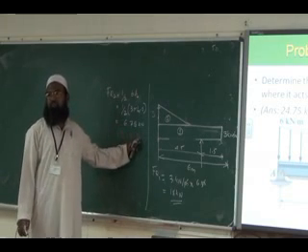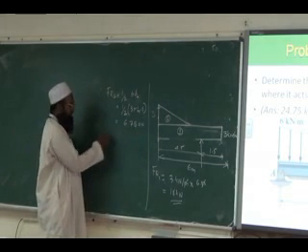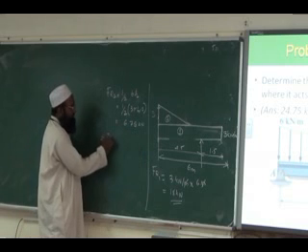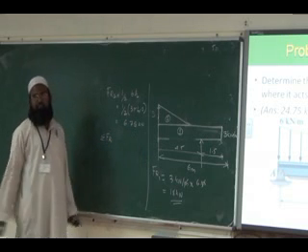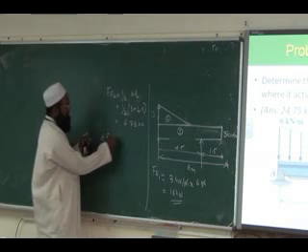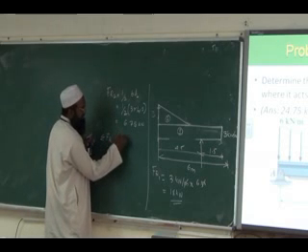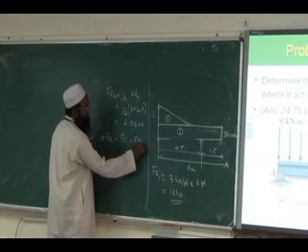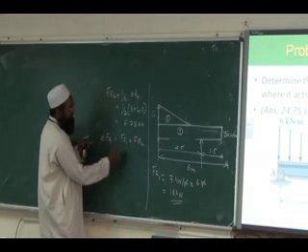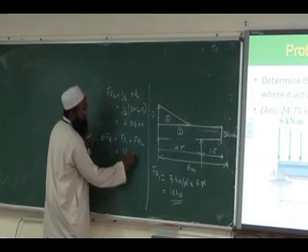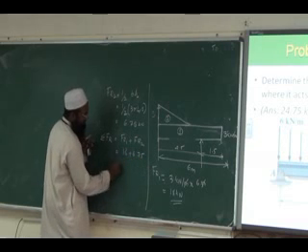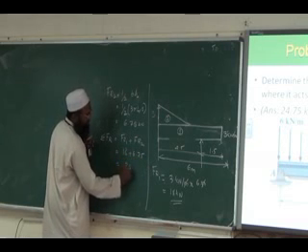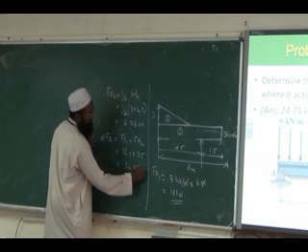After that, we find the resultant of the two forces, summing them up: FR1 plus FR2, 18 plus 6.75, so it will be 24.75 kilonewton.